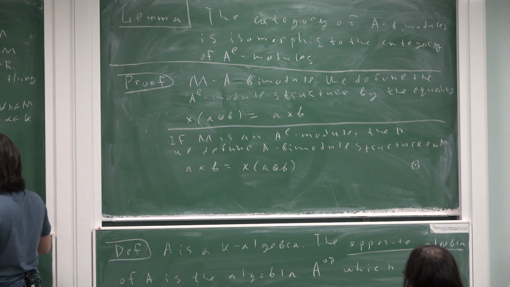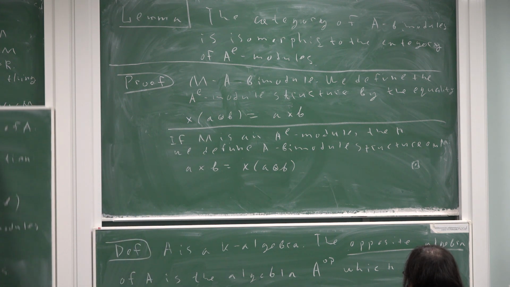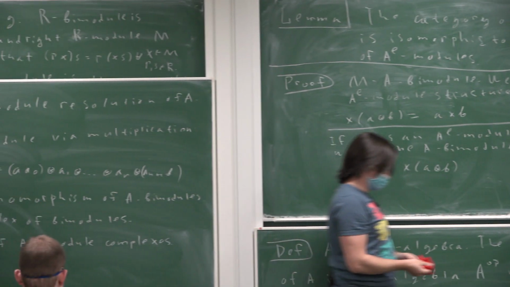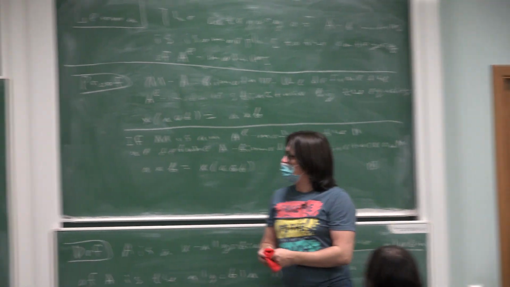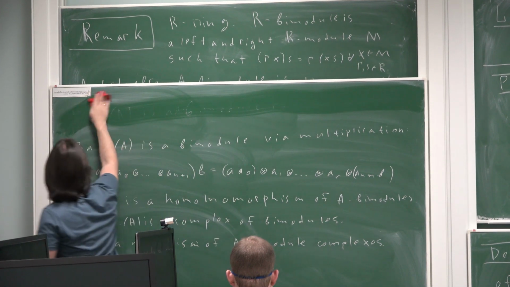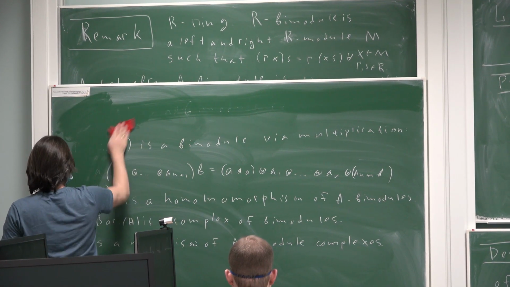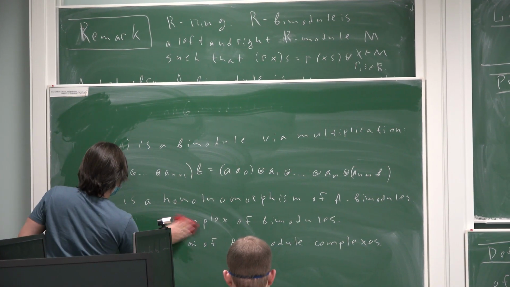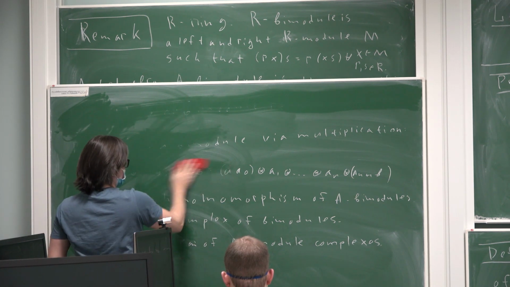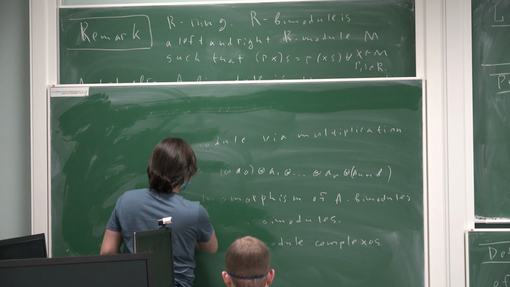Well, it's not very difficult, but this allows us to consider the category of A bimodules as the category of modules over some algebra, so we can apply all what we know about category of modules to the category of A bimodules, and so on.